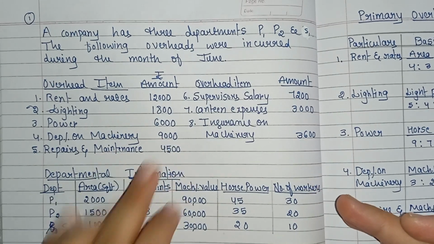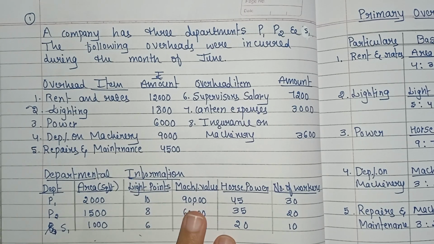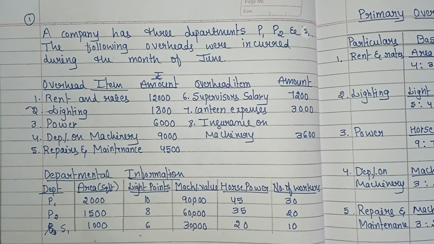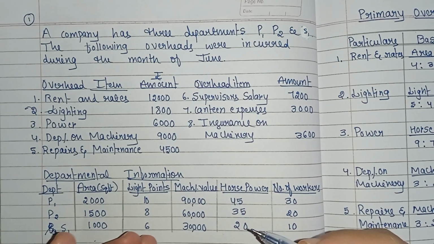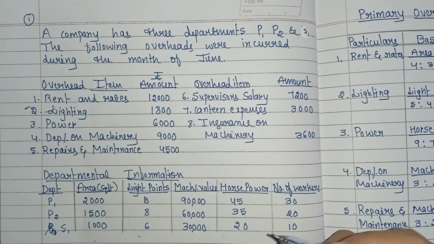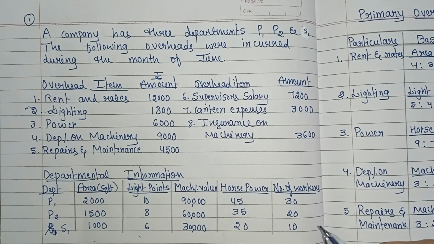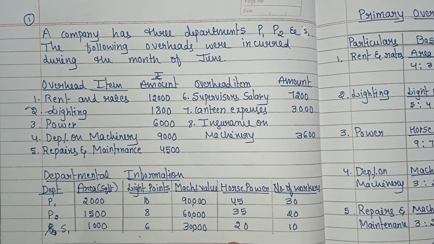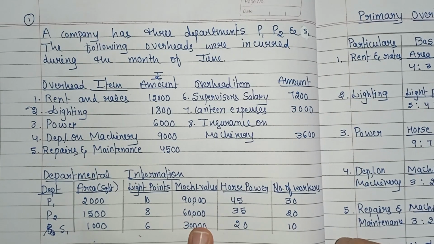Clear? So this 9,000 we need to allocate on the basis of machine value. And next one is repairs and maintenance. Again, a higher value machine is usually more complex and expensive to maintain, right? So this is a logical base. The repairs and maintenance of 4,500 we also need to allocate on the basis of machine value.